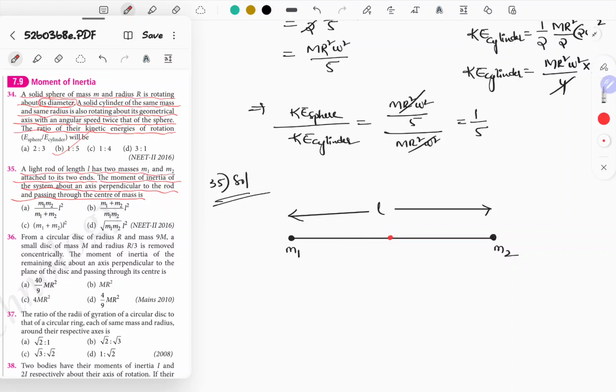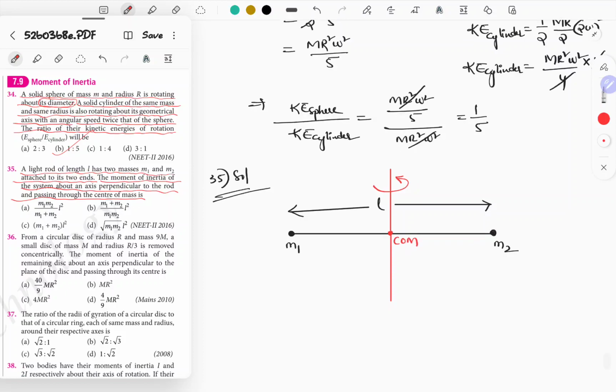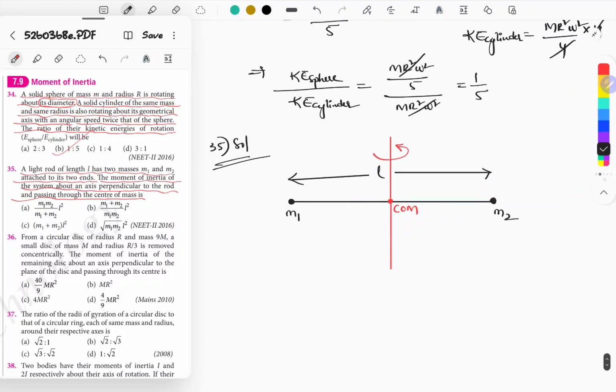Let me represent it somewhere else. This is the center of mass location I have to find out. We know the procedure to find the center of mass. I have already given a trick: if you are finding the center of mass from M1, you have to select the opposite mass and you can find the center of mass very easily, right? So this is the center of mass location. First of all, let me find the center of mass.